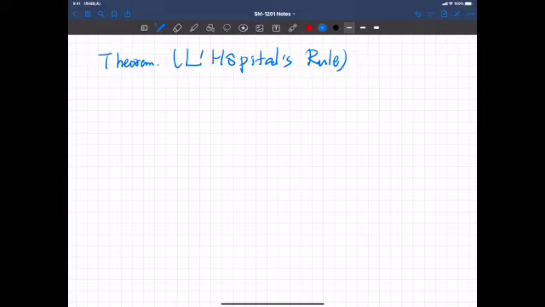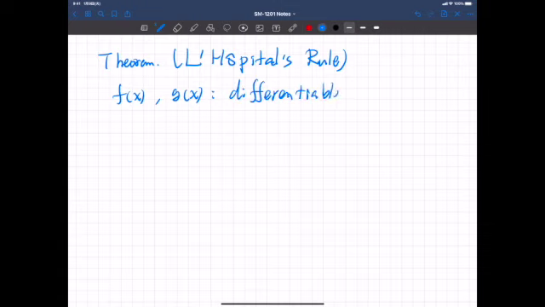So let f and g be differentiable functions on an open interval, let's say between a and b, and we impose the following conditions.